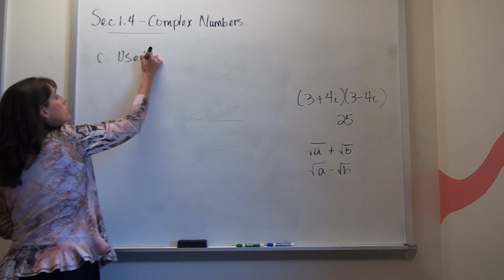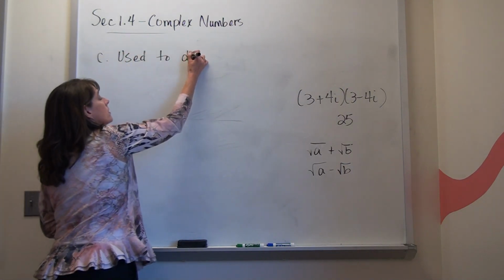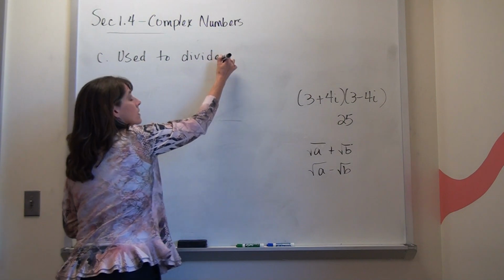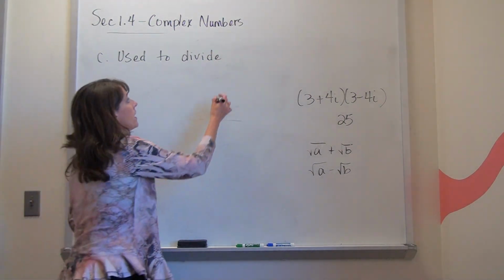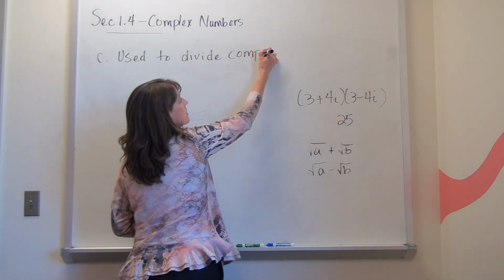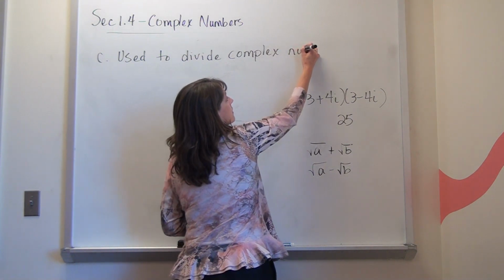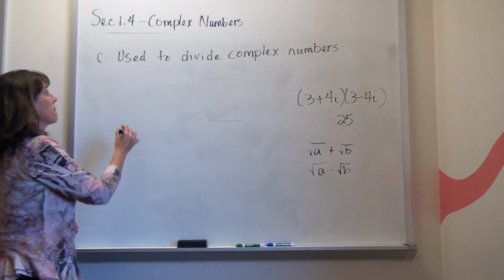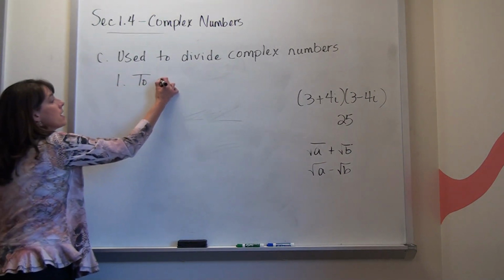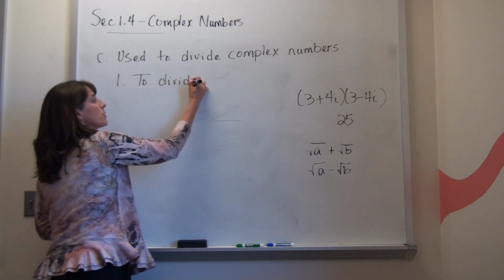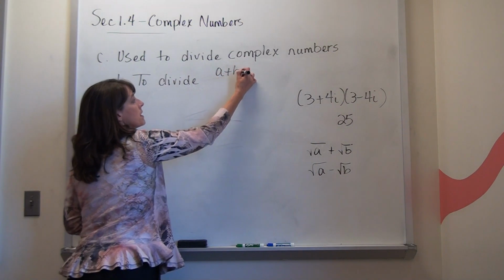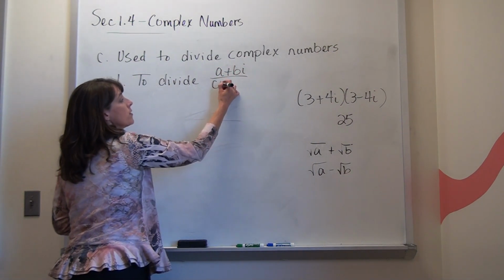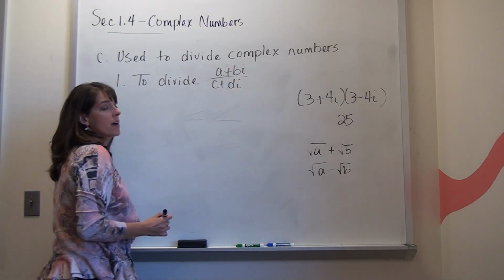So it's used to divide complex numbers. In other words, let's say I have the complex number a plus bi, and I want to divide it by another complex number, c plus di.